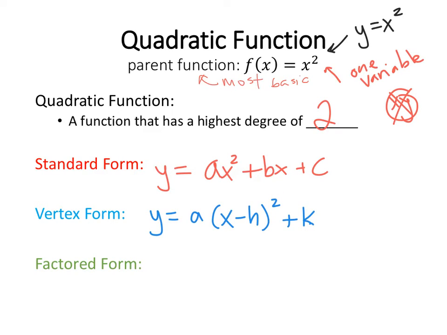And finally, we have our factored form, which would be y equals x minus a times x minus b. Those are the three forms that we're going to reference throughout this entire unit. So make sure that you're writing these down: standard form, vertex form, and factored form.